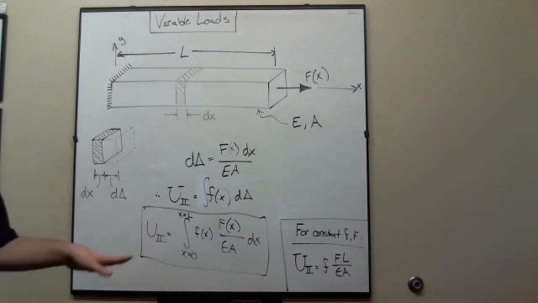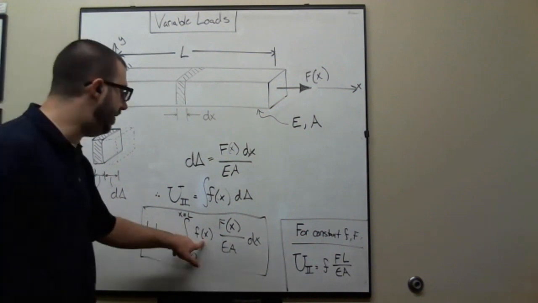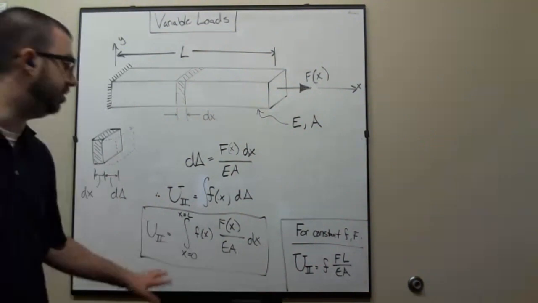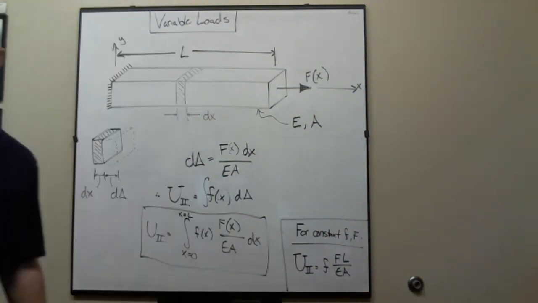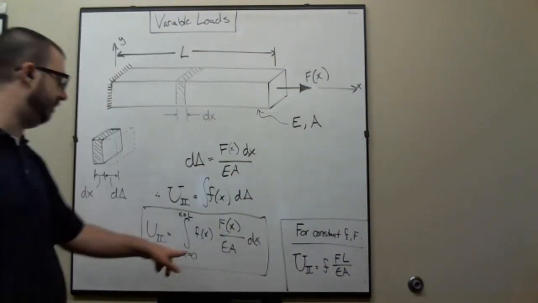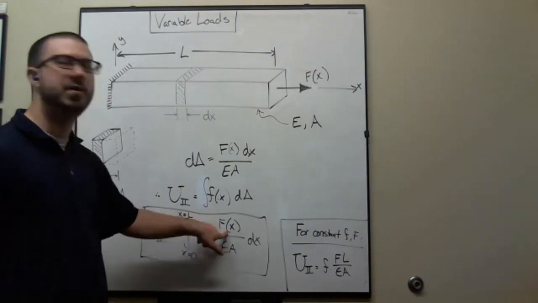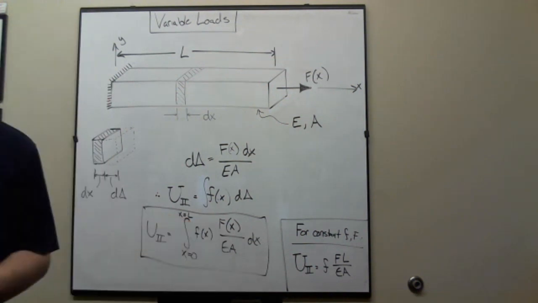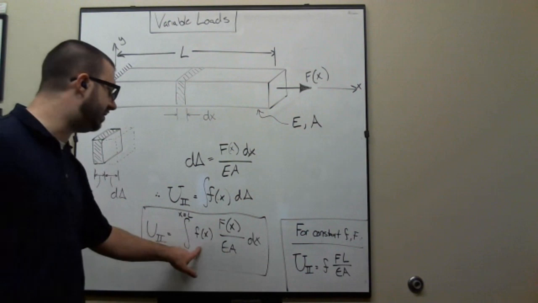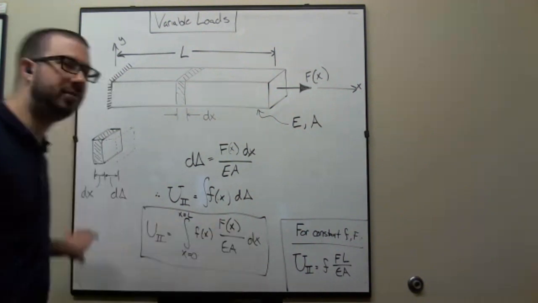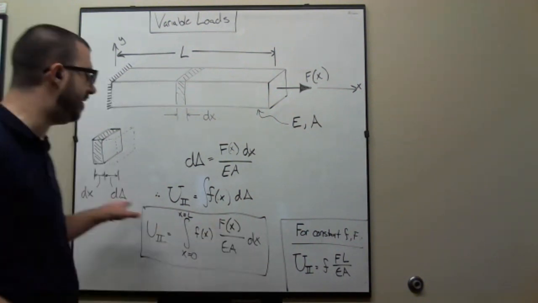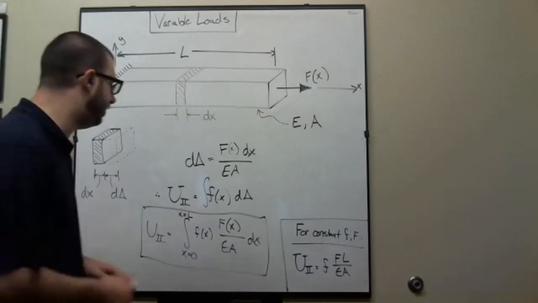Now, the real test is, what happens when this and this are constants? Do we still get the same answer here? And it's actually pretty easy to see. Imagine if your little f and your big F are constants. Well, let's go back to Calc 1, right? If I have a constant in an integral, I can factor it out. So imagine I factored all of these constants out.